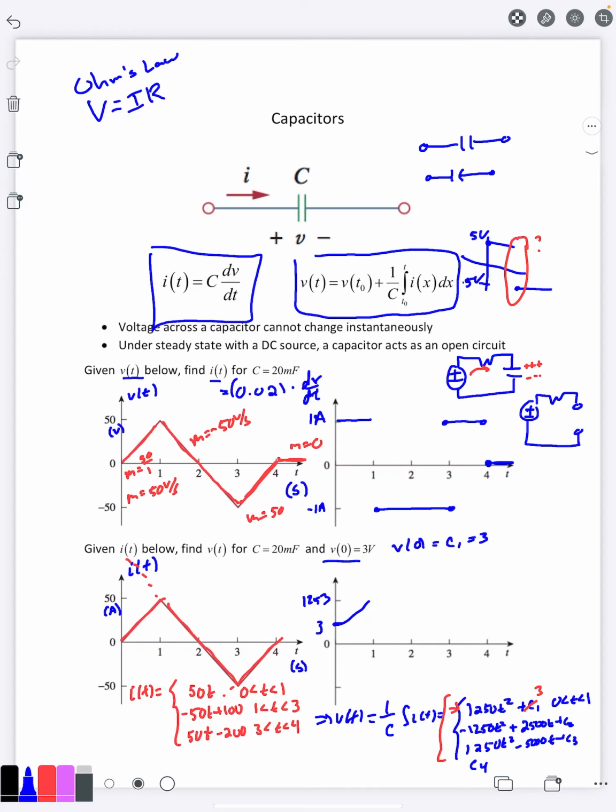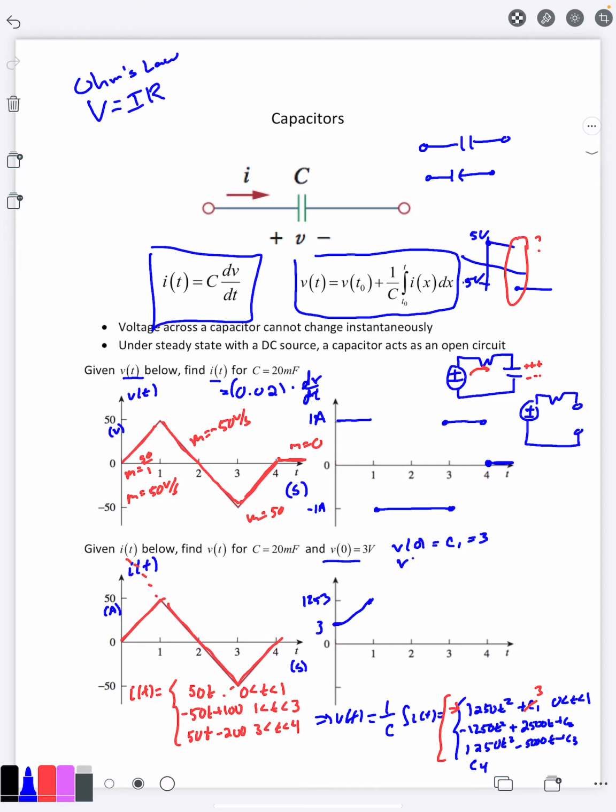Now, to figure out the other constants, we have to know that the voltage function is going to be continuous. So that means that the second formula better have the same value, 1253 here. And if you go ahead and plug it in there, you're going to have negative 1250 plus 2500 plus C2.